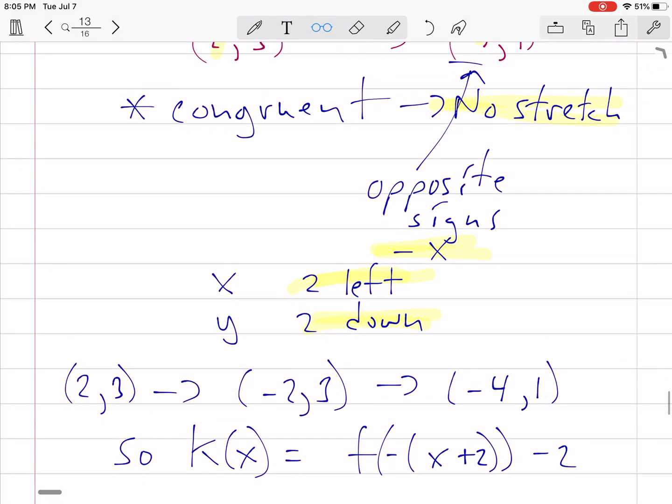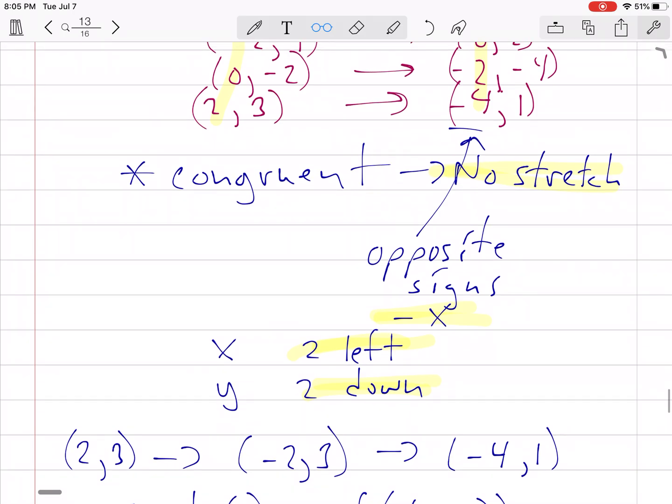Here's just another example. If we look at the (2, 3) coordinate, you start with (2, 3), and then it becomes (-2, 3) because of the reflection. Then you take away 2 from the x, and you take away 2 from the y, and that's where you get (-4, 1). You want to be able to test a point and see that it goes through all the transformations you think are occurring, just to confirm that.